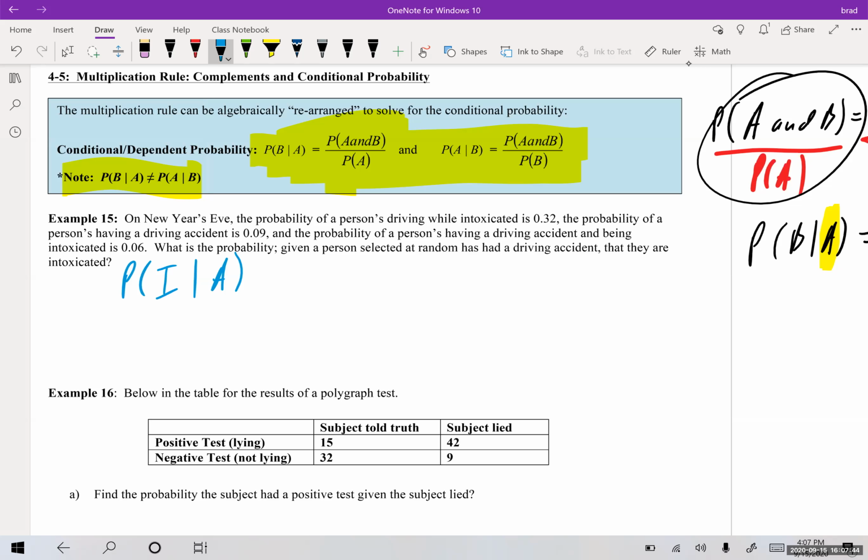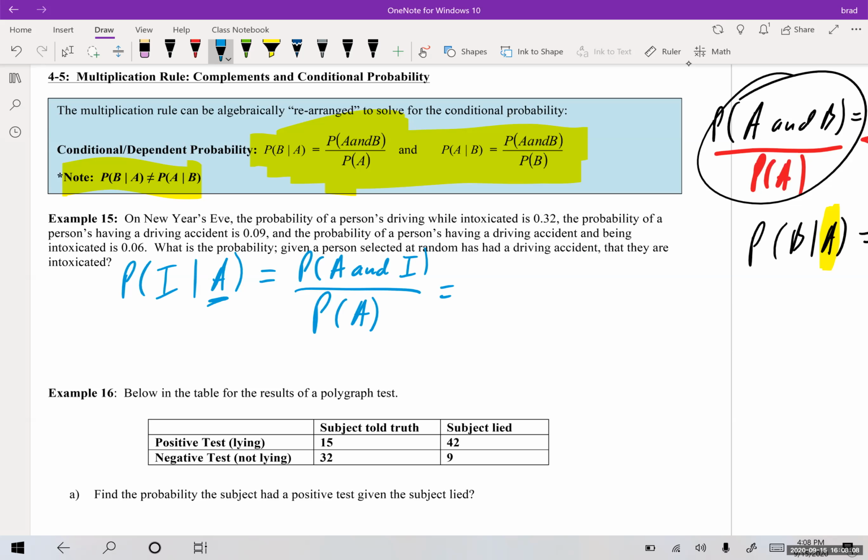So the probability of being intoxicated, given that you already know they've been in an accident, is going to be the probability of accident and intoxicated divided by, and remember, the given is always what you divide by, the probability of accident.